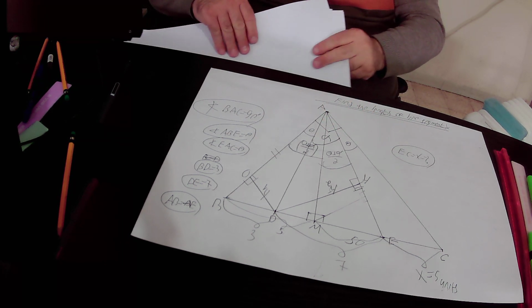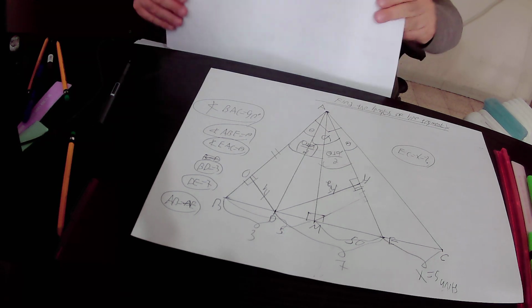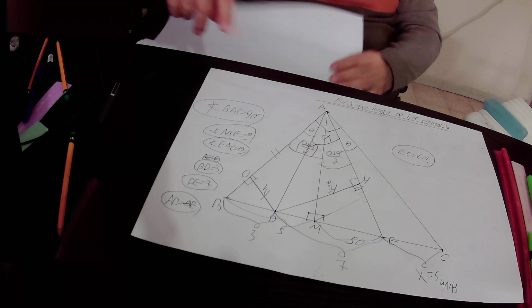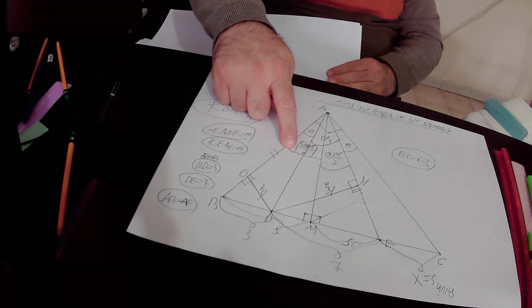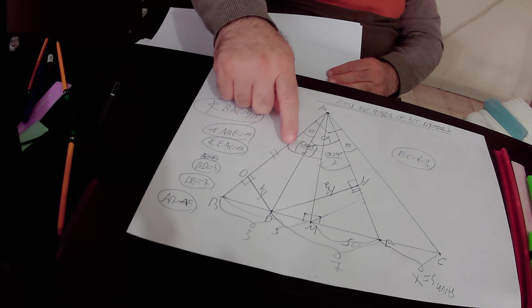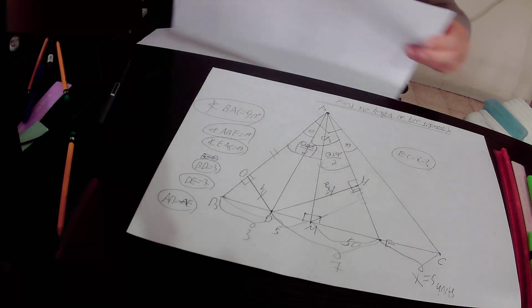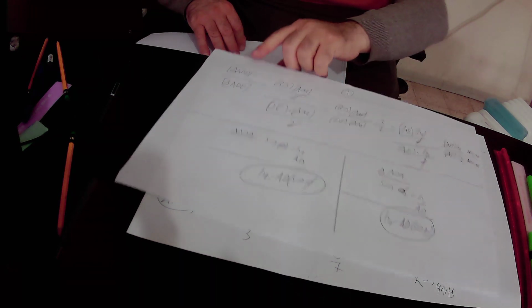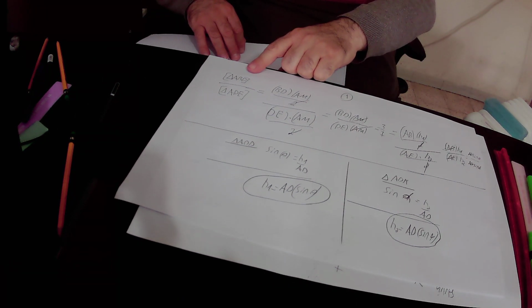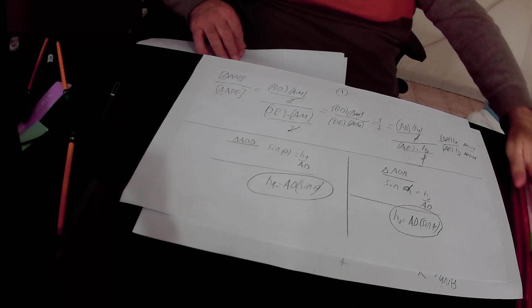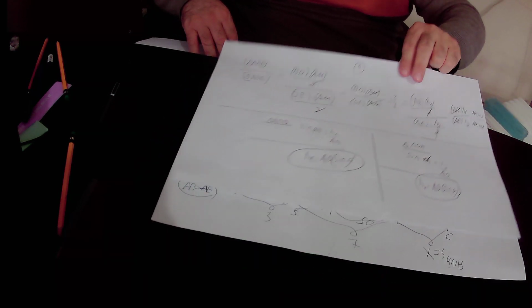Then we calculate the area of triangle ABD divided by the area of triangle ADE. What is the area of triangle ABD?